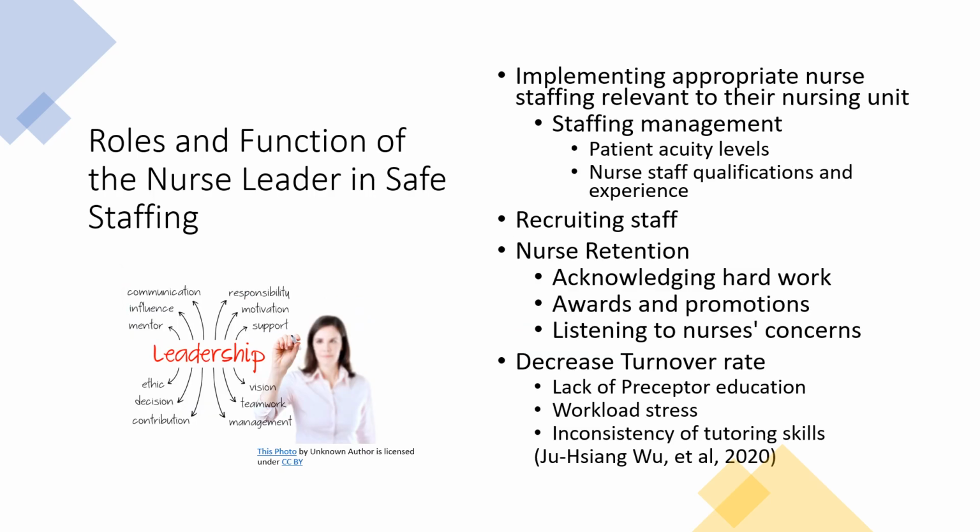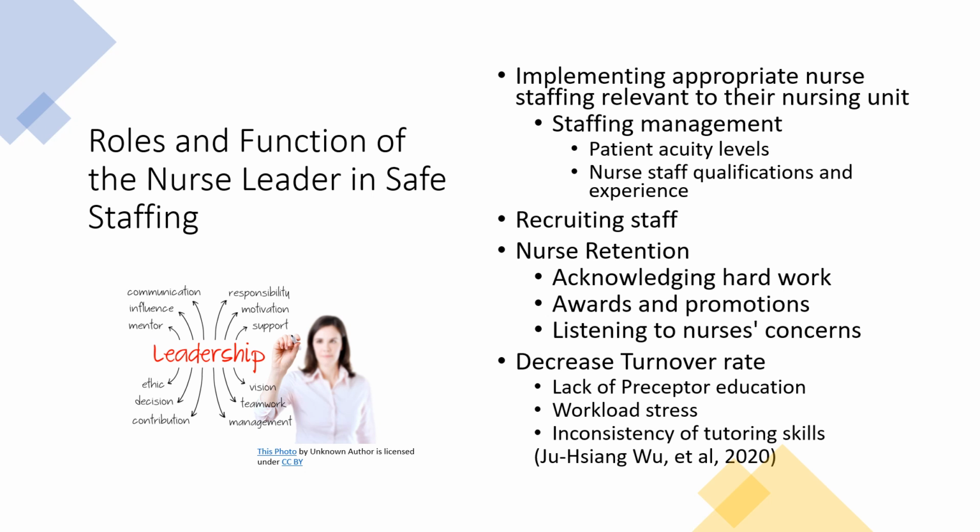So, additional roles and functions of the nurse leader in safe staffing. Like I said, they need to implement appropriate nurse staffing relevant to their nursing unit. So working on their staffing management, are they going to base it on acuity levels? Are they going to base it on full fixed ratios?